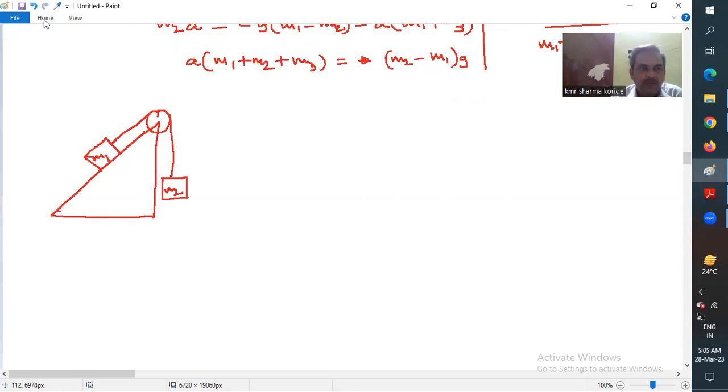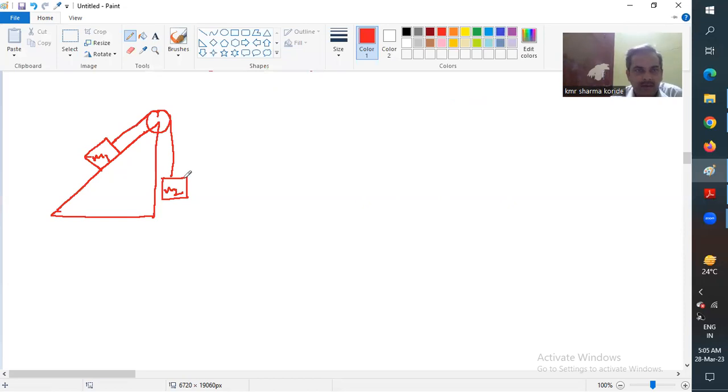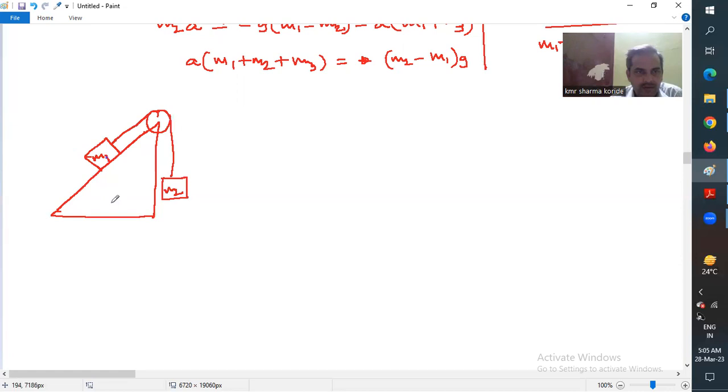Now first taking the resolution, whenever a body is on an inclined plane, its weight acts vertically downwards. This is M1G. This is theta. There will be a normal reaction here. If you extend this, there will be theta here.